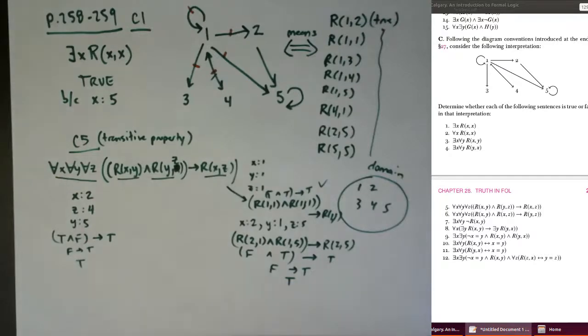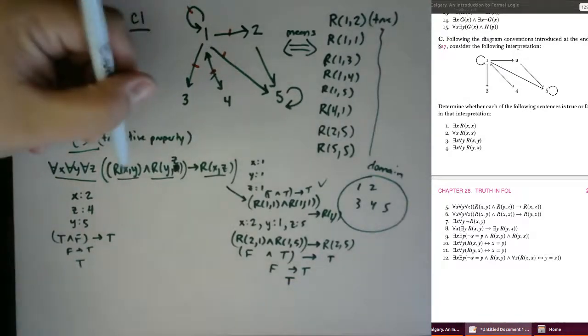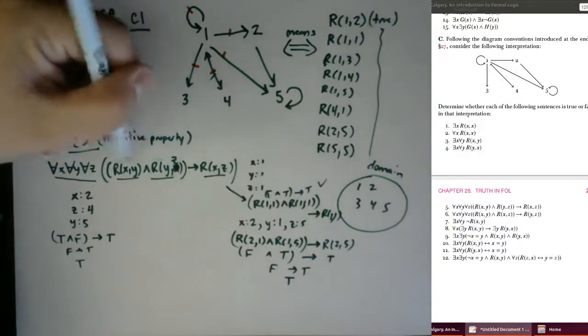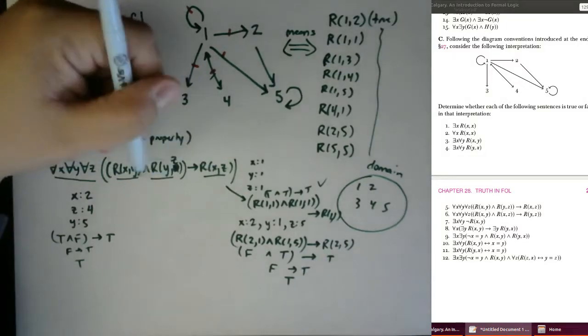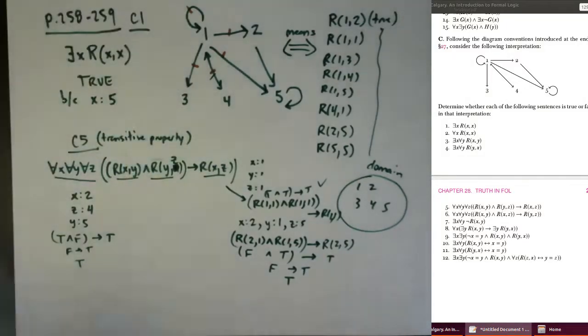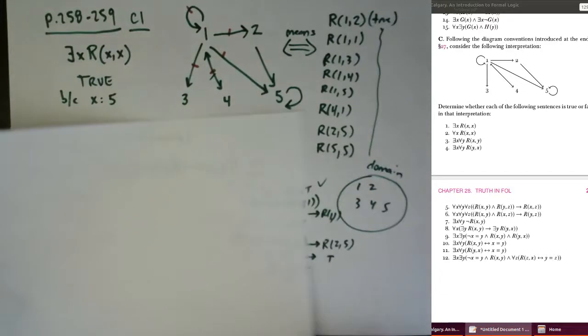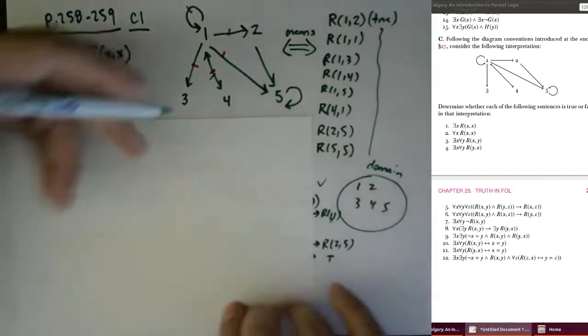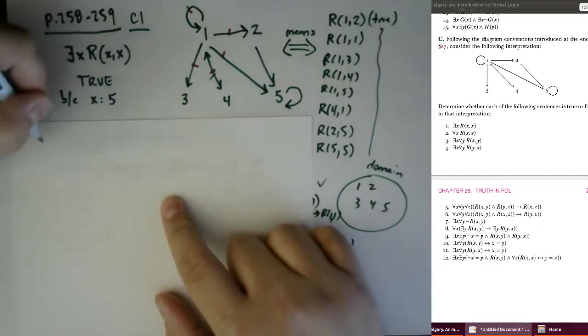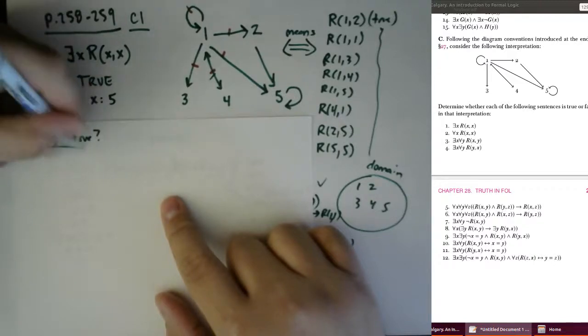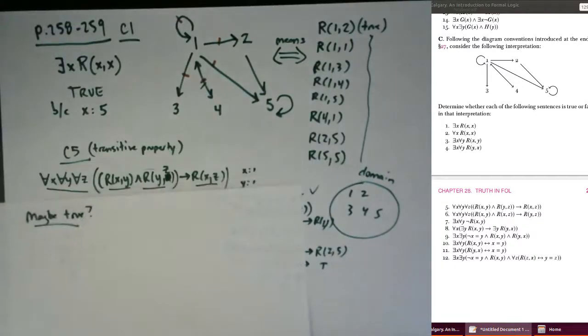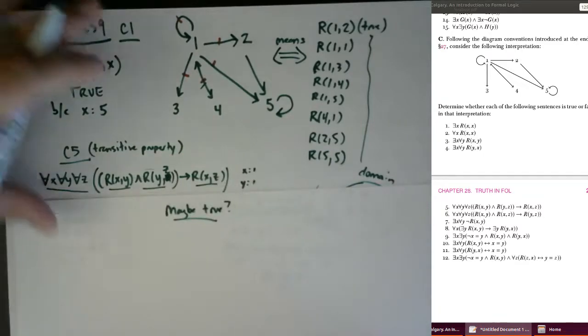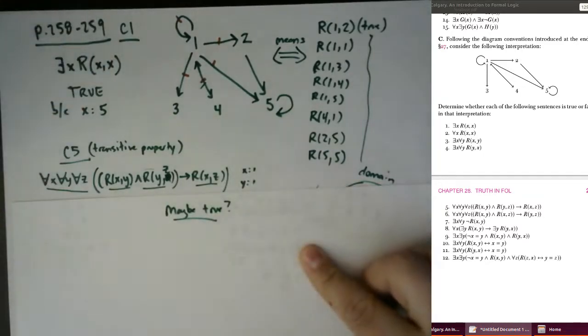If we keep in mind that if the left-hand side of the implication is false, then the entire implication is true, that'll help us, okay? So maybe it's true. Maybe I'll put that right there. Maybe it's true. So how will we check that?